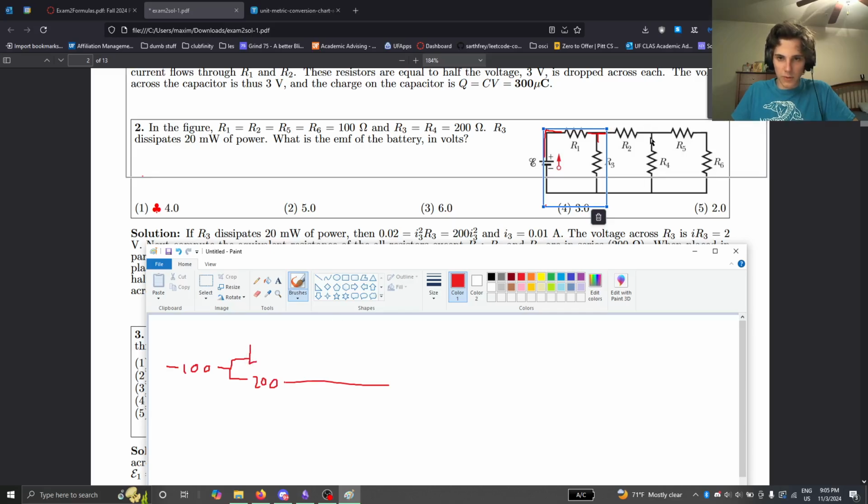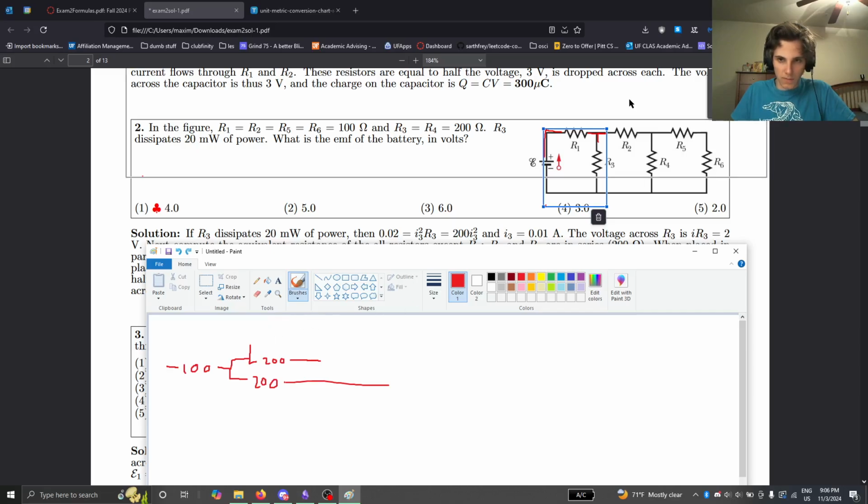Then after R2, it splits again into R4 and R5. R4 here is also a 200 ohm resistor. I'm skipping drawing the squiggly resistor symbols just to not waste my time. And then R5, which is also followed by an R6.